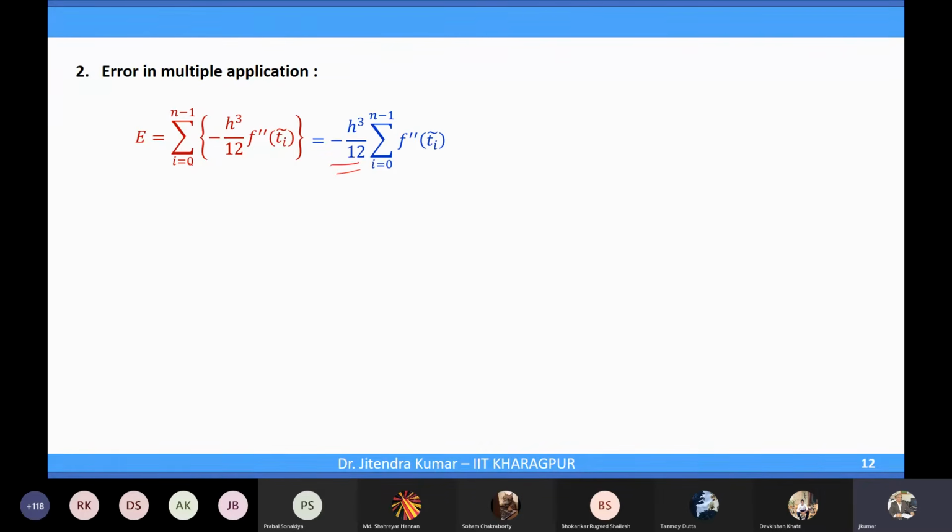h cube by 12 is a constant term, and you have the summation of f double prime. Then using the discrete mean value theorem, the special case we have learned, that will be nothing but n into f double prime at some point t, which again lies in the range from x naught to xn.